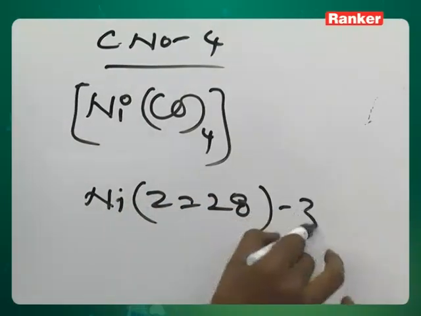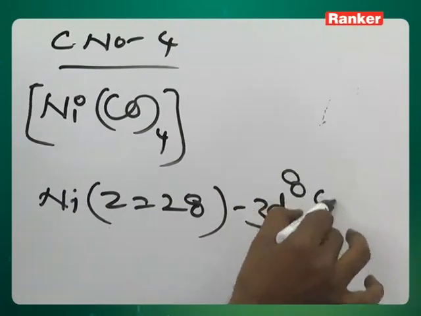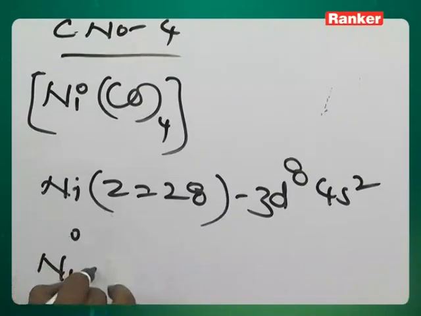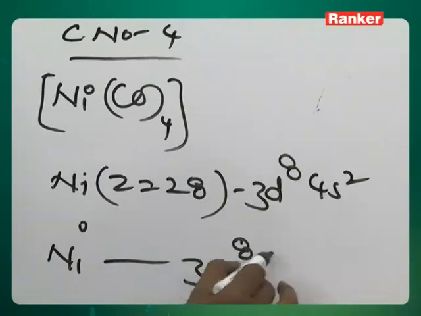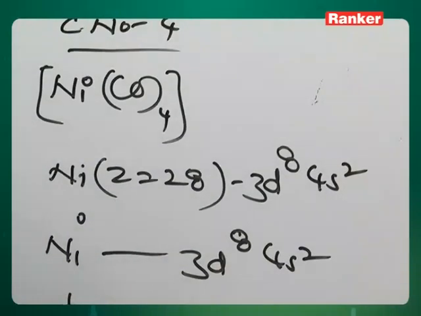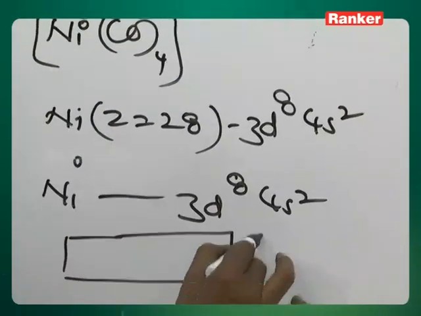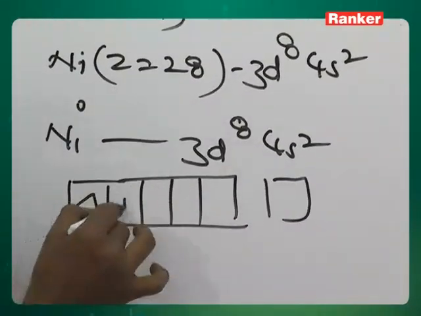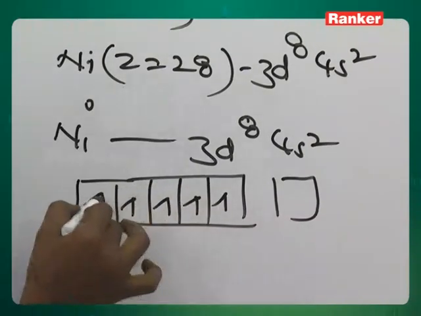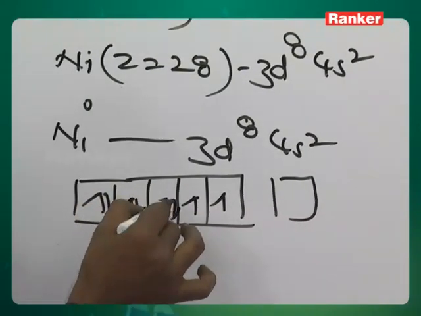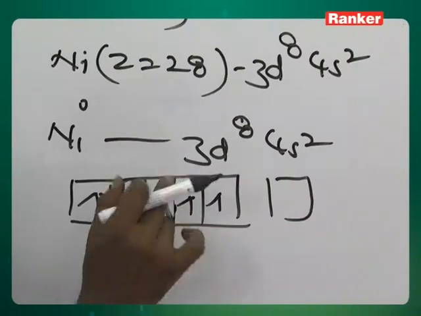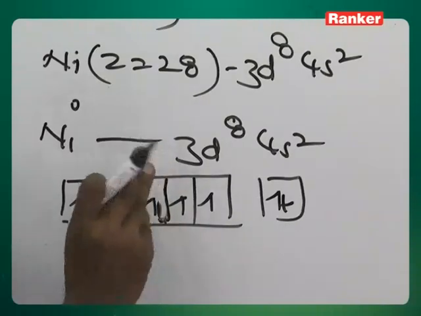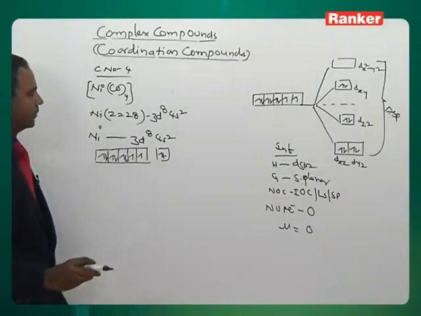Nickel 28 is 3d8 and 4s2. With oxidation number 0, it is 3d8, 4s2. The arrangement of electrons in the d8 remains the same, 1, 2, 3, 4, 5, 6, 7, 8 electrons, and the s electrons are there too. Here it is d8.